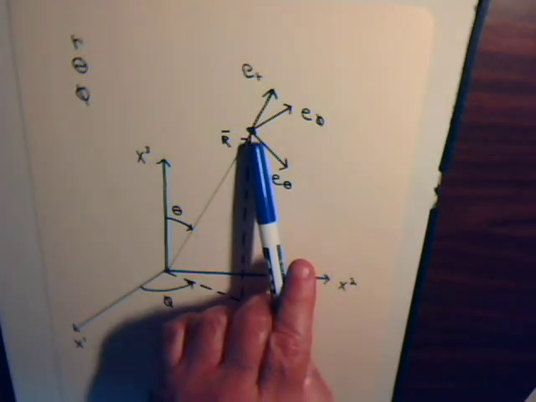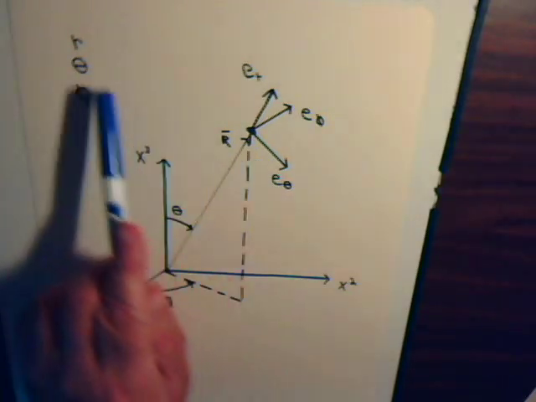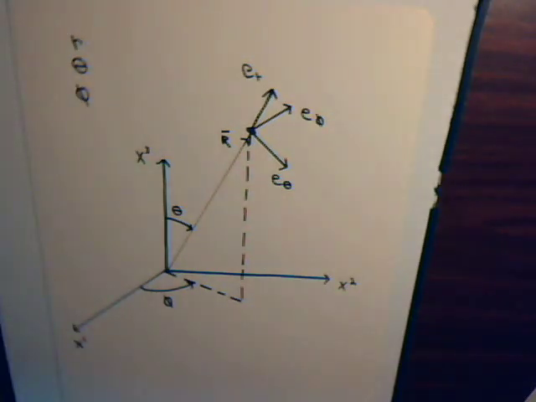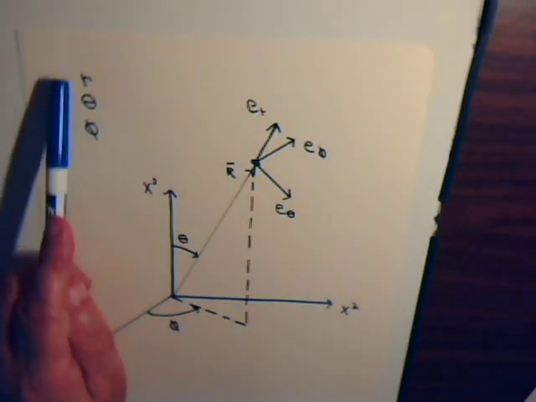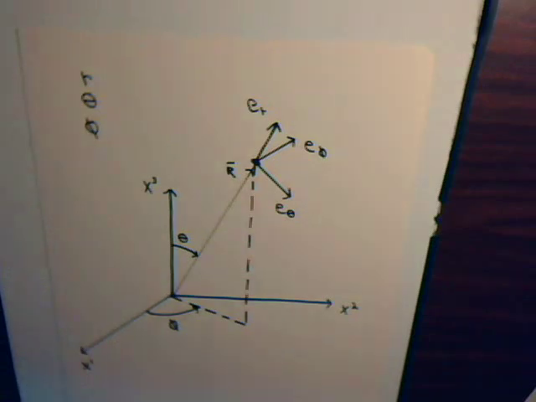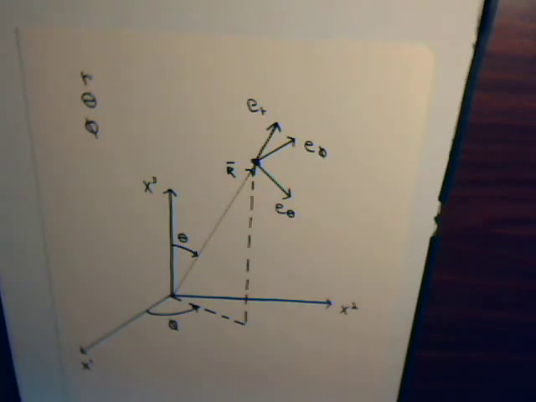We have a point here, and for the spherical coordinates, its coordinates are the magnitude of the position vector, and then theta and phi. So these are the curvilinear coordinates here, and the other coordinate system that we have is the Cartesian coordinate system.